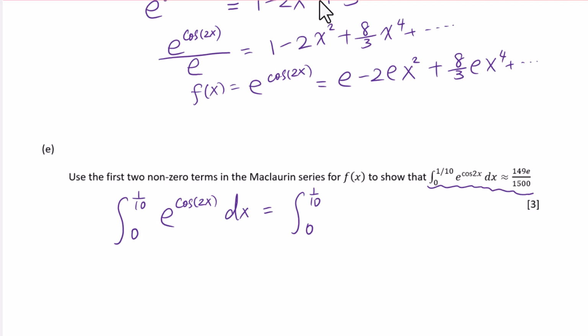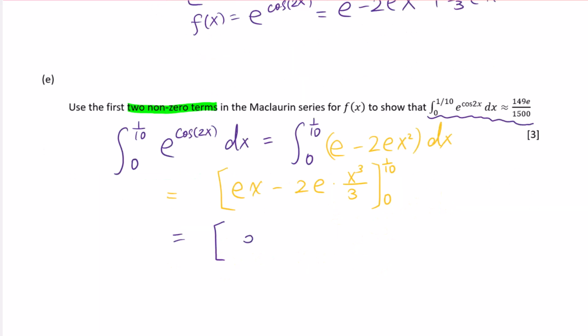We need to use two non-zero terms, which is e minus 2ex squared dx equals ex minus 2e times x to the third power over 3 from 0 to 1 over 10. Ex minus 2 over 3e x to the third power from 0 to 1 over 10.